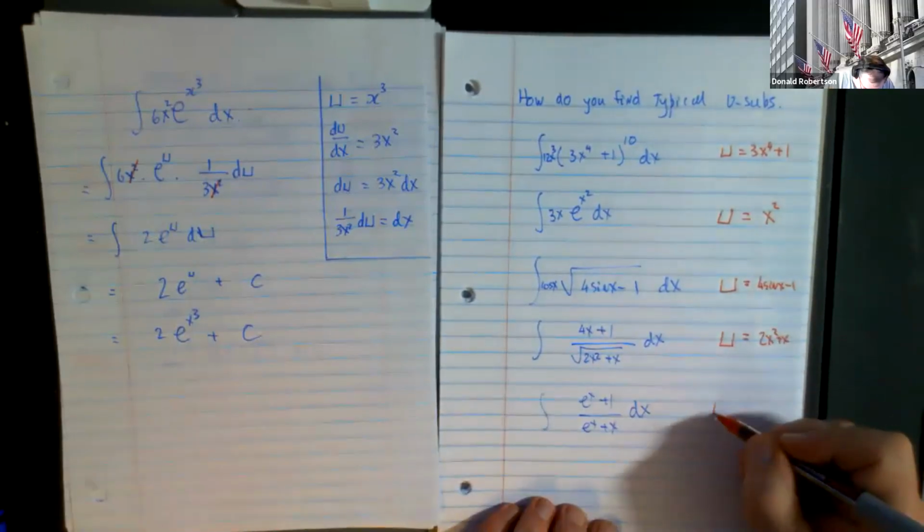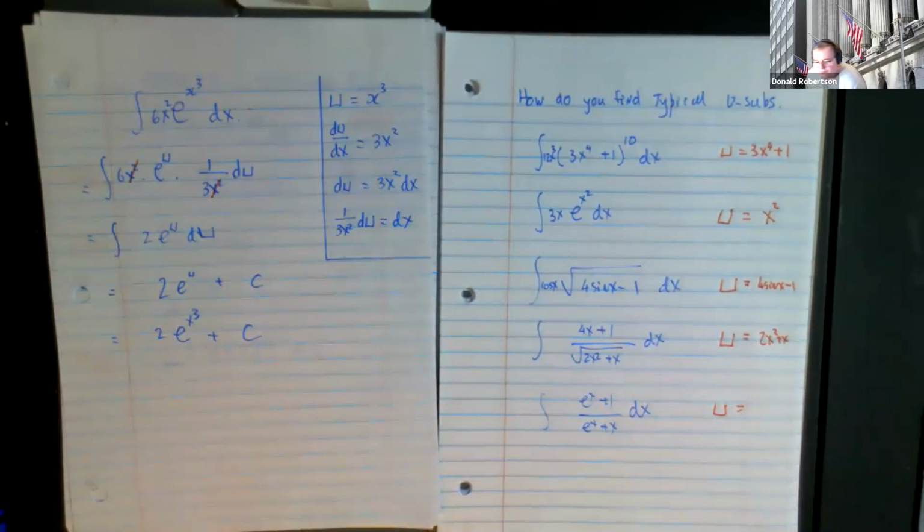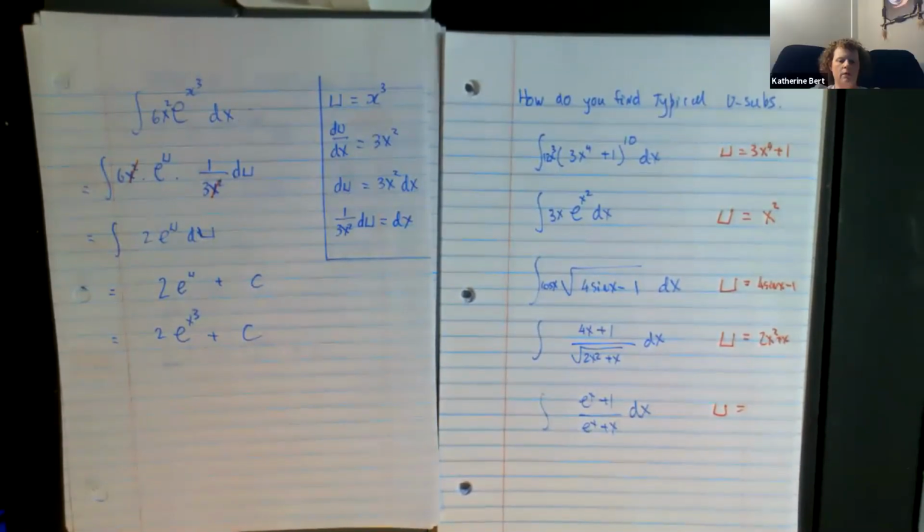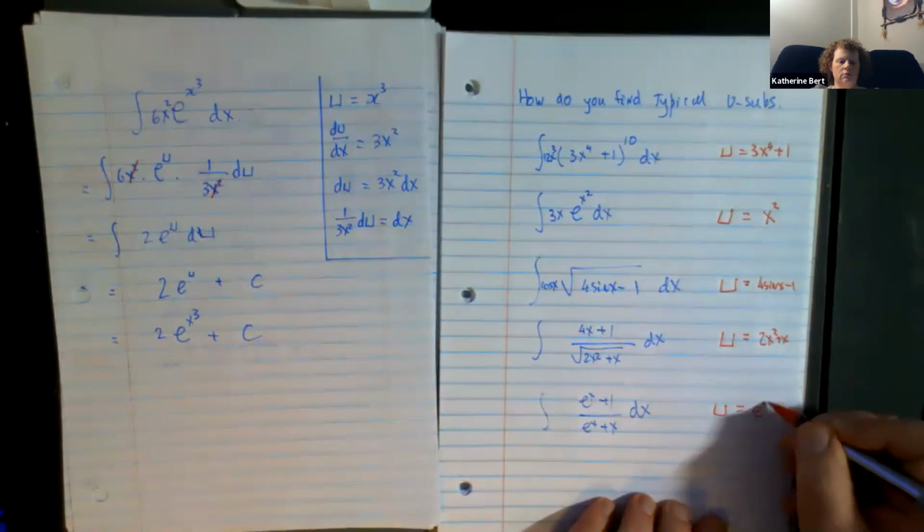What do you think a u sub would be if you have a fraction? It's probably a guess because most of you have never seen a u sub, but I'll take a guess. Again, wouldn't it be the bottom? Yeah, it is.